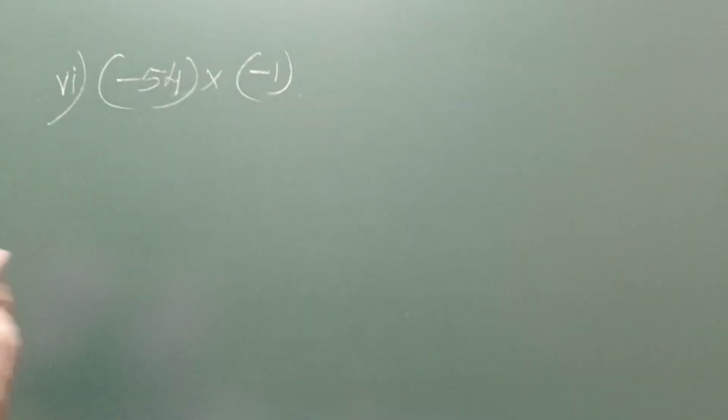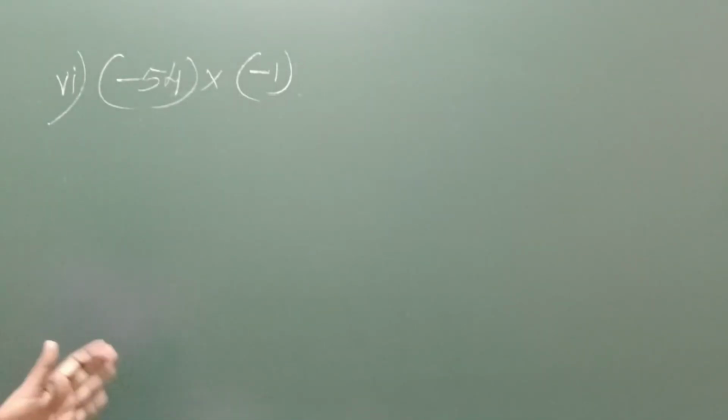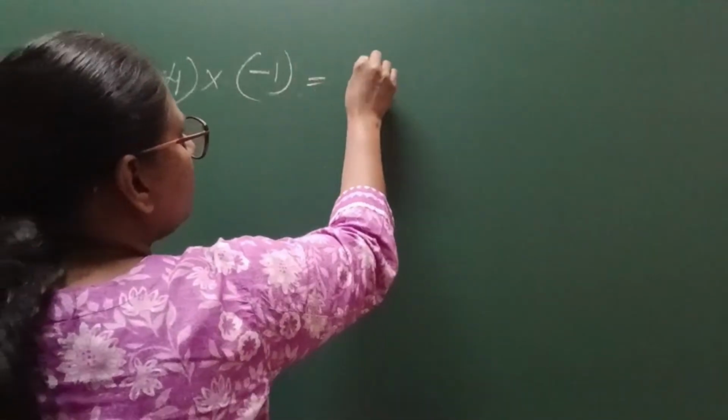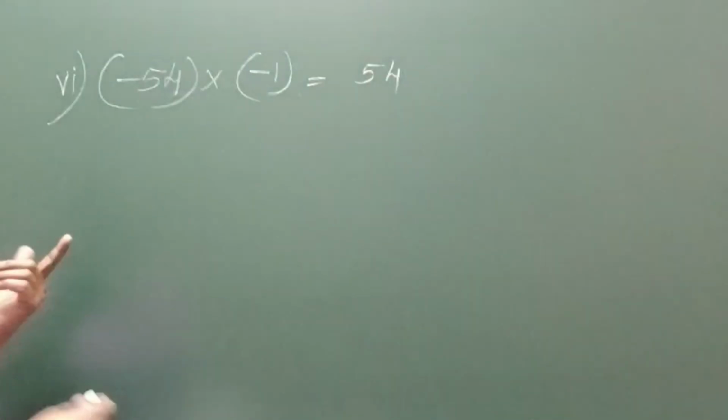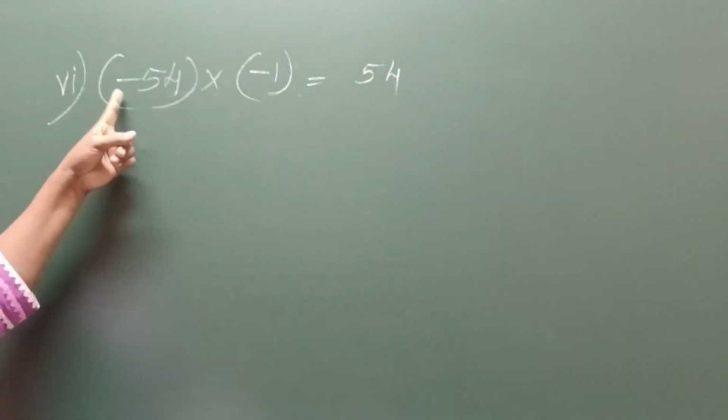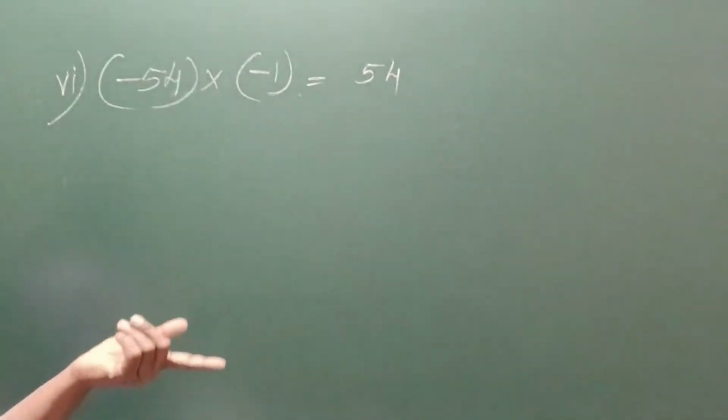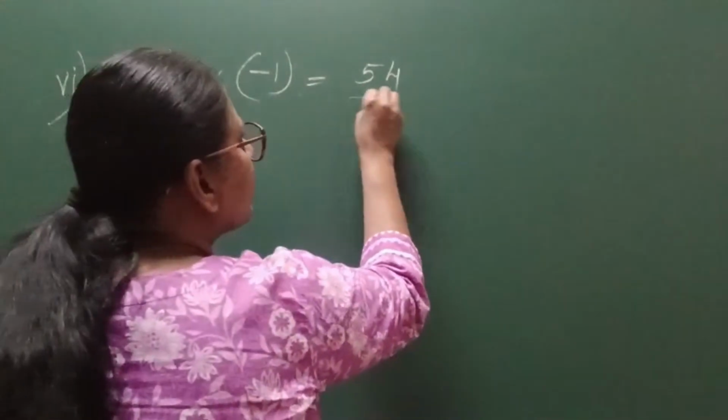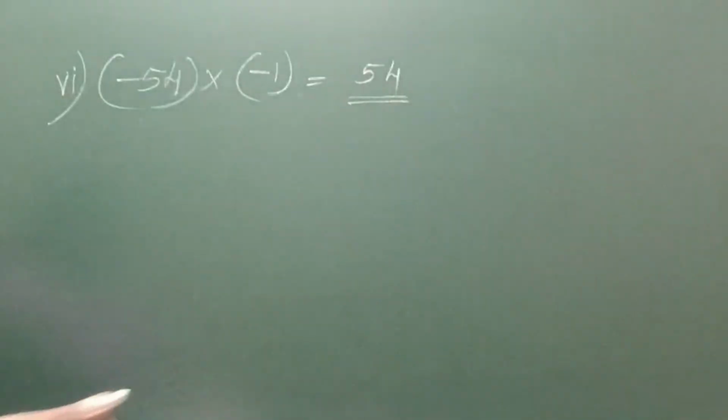So 54 into 1 is equal to 54. The sign is positive because minus into minus is equal to plus. So our final answer is 54, a positive integer. Next question.